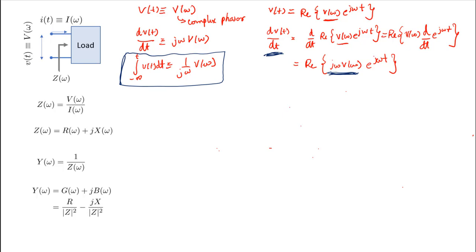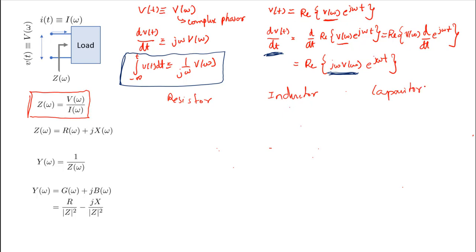Now, using this fact, we can find the so-called impedance of any circuit element. The ones that we know are a resistor, an inductor, and a capacitor, the three common circuit elements.